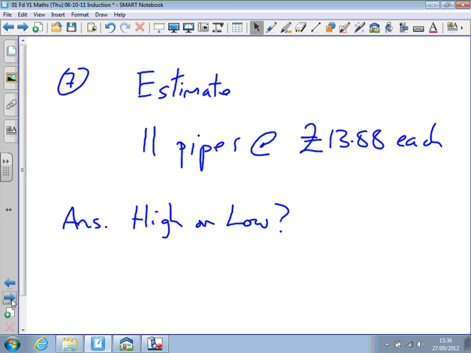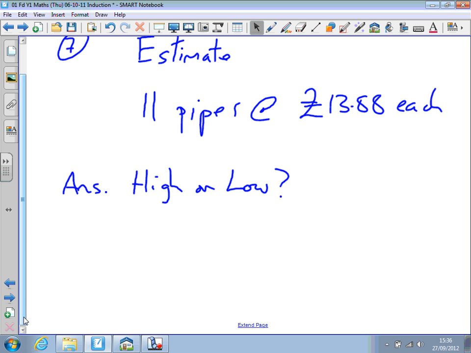Number 7, estimation. Somebody on the back row. 154. How did you work it out? And how did you times it by 11? Right, and added another one.